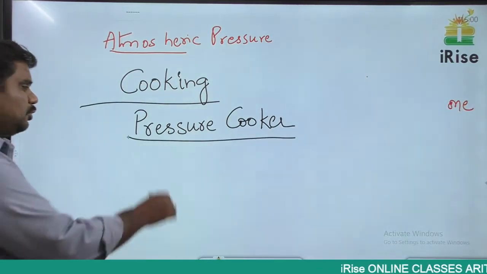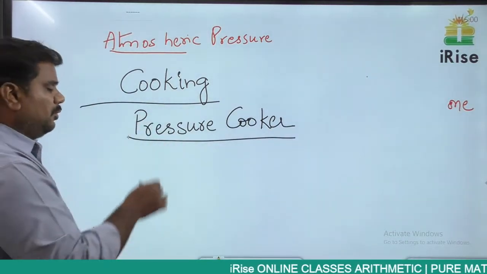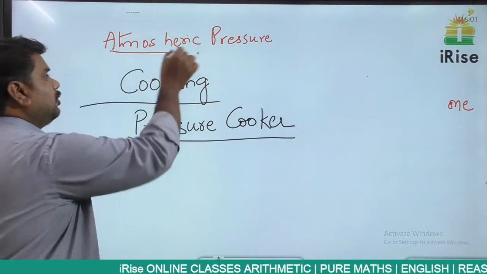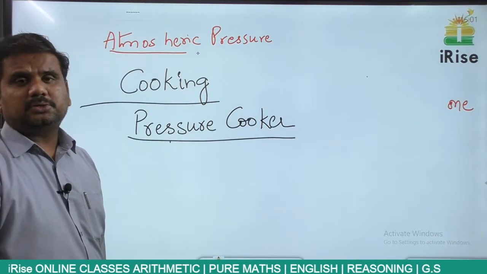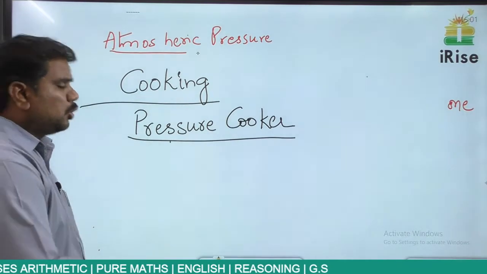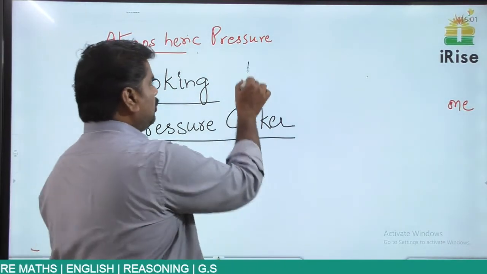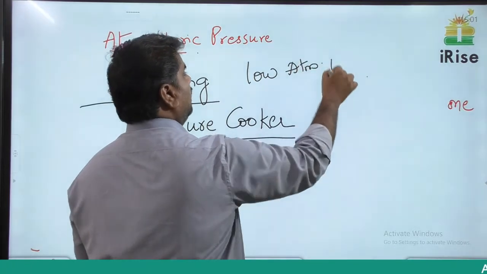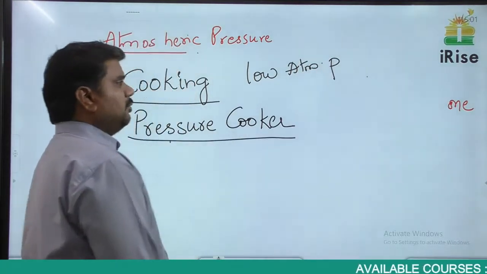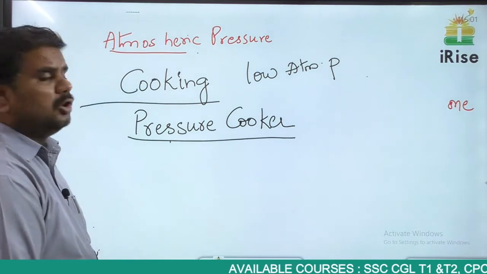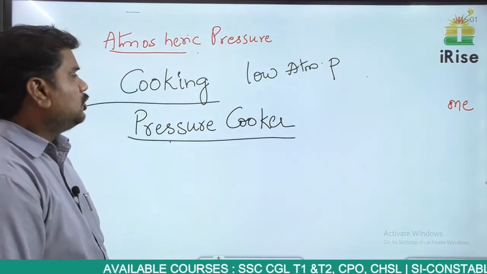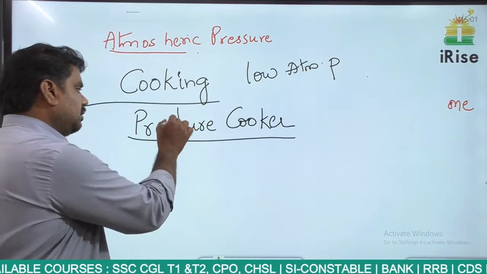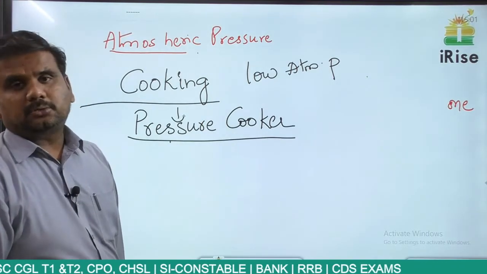Why is cooking taking more time? Because of low atmospheric pressure. So at elevated places, cooking takes more time because of low atmospheric pressure, and to reduce the time of cooking, we need to use a pressure cooker.